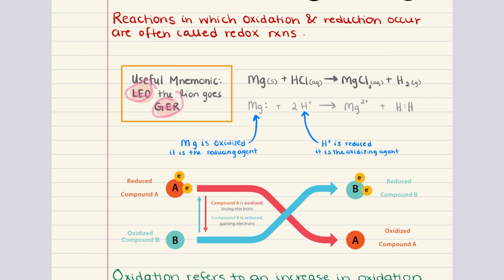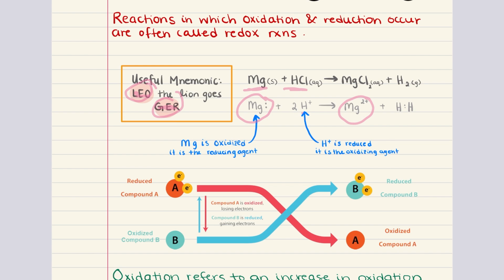One example of a redox reaction is the reaction between magnesium and hydrochloric acid. In this reaction, magnesium is oxidized because it loses electrons to form this magnesium 2 plus cation.